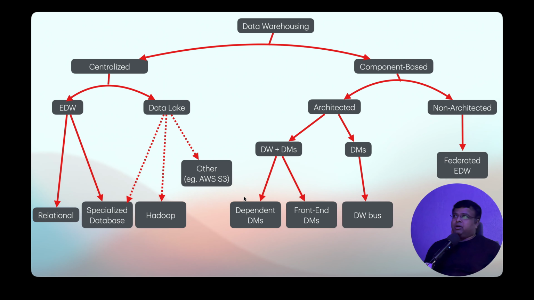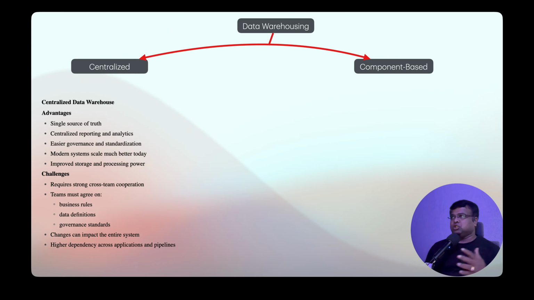A centralized warehouse gives you that single source of truth that data warehousing was originally built for. Everything lives in one place, which makes reporting, analytics, and governance much cleaner and easier. Modern technology also makes a centralized system much more practical compared to the early days of data warehousing, because scalability, storage, and processing power are all significantly better now.